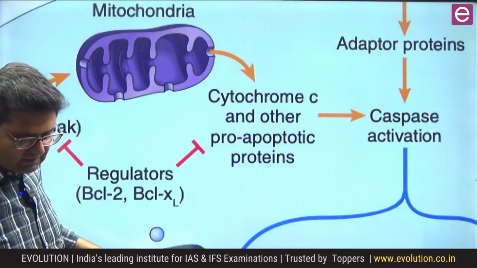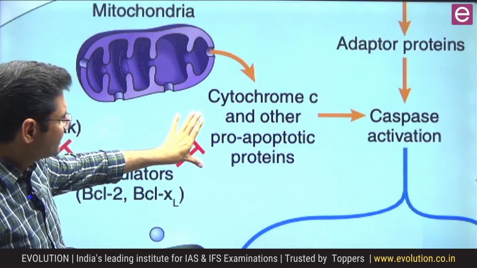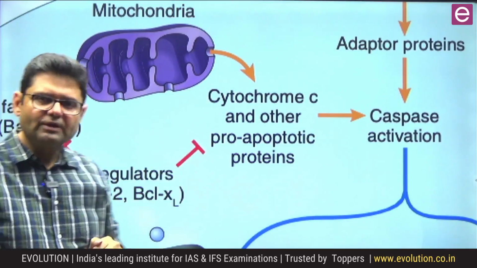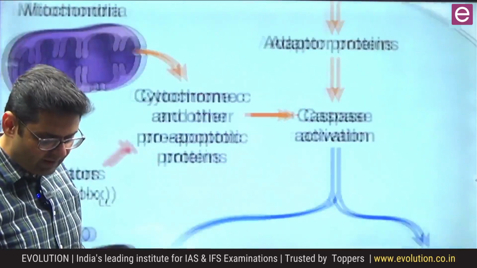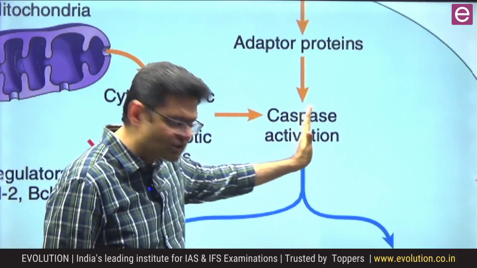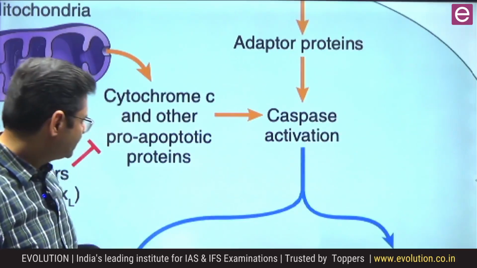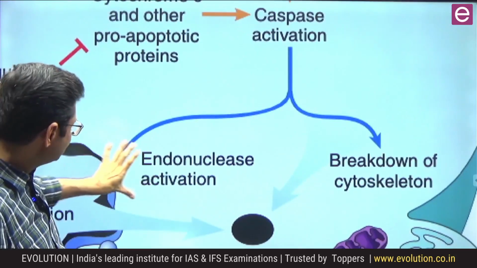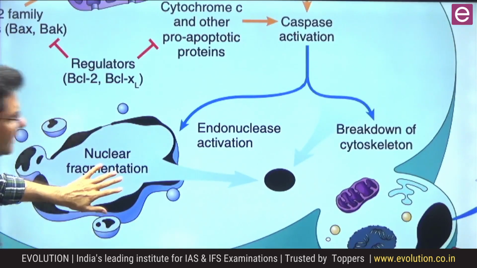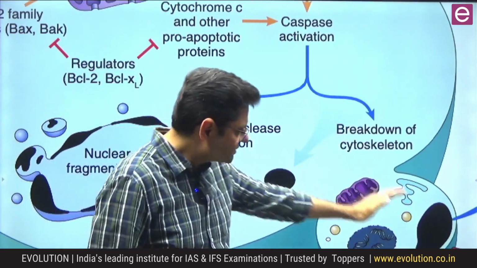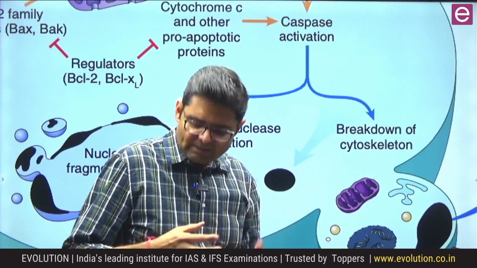Mitochondria releases cytochrome C and certain other pro-apoptotic proteins. So cytochrome C is the main pro-apoptotic protein, and what is it leading to? Caspase activation. And then that will be leading to various proteins being broken down. Nucleus breakdown will cause nuclear fragmentation. Cytoskeleton breakdown will cause the formation of the blebs and all.